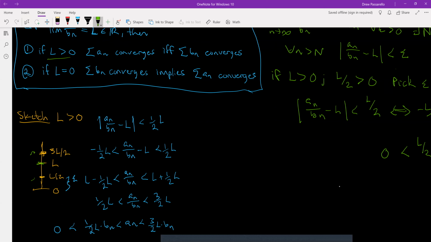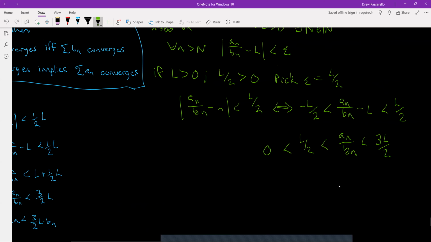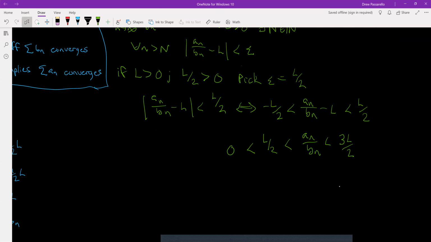That epsilon is L over 2, or 1/2 L. Okay, so this is going to come in handy, and we can multiply by bn. So we have that 0 is less than L over 2 times bn less than an less than 3L over 2 times bn. All right, so I'm going to use this inequality.